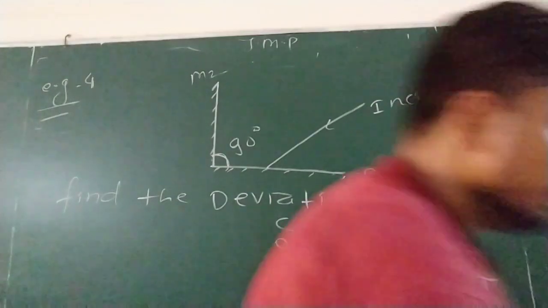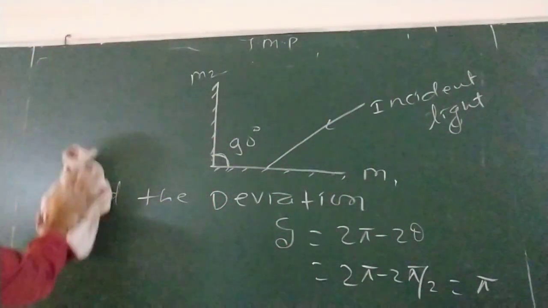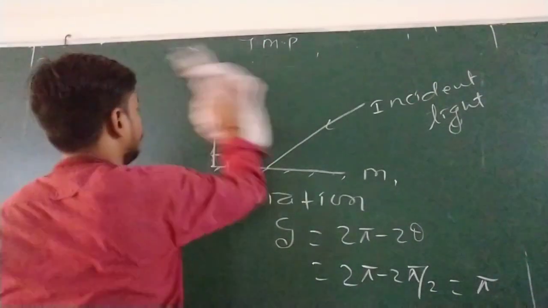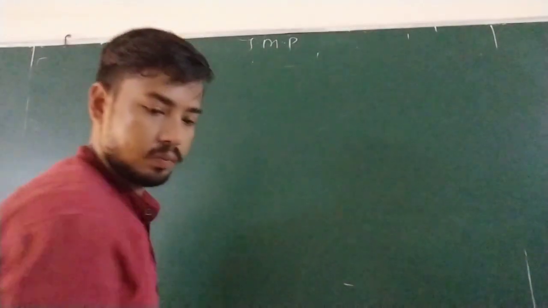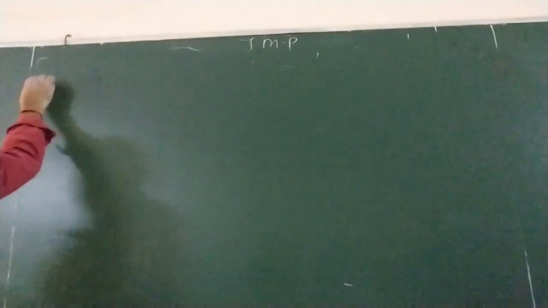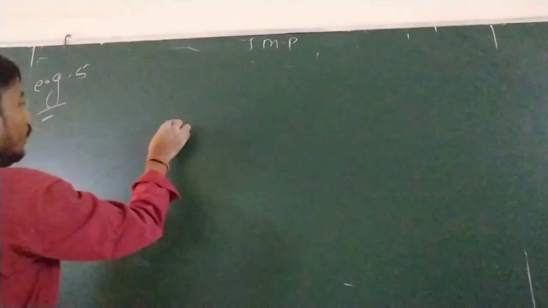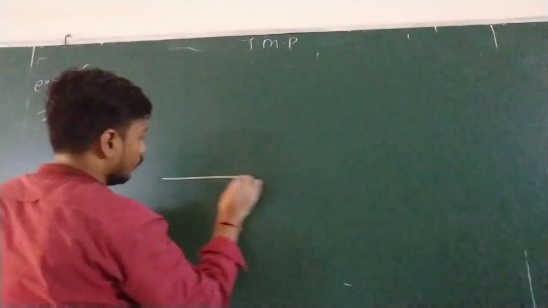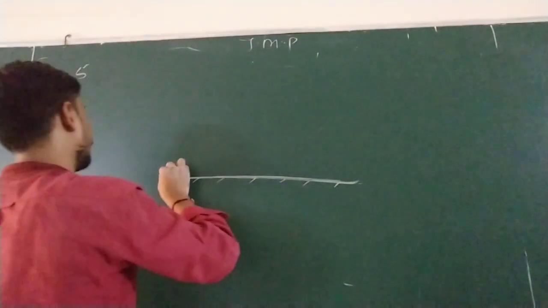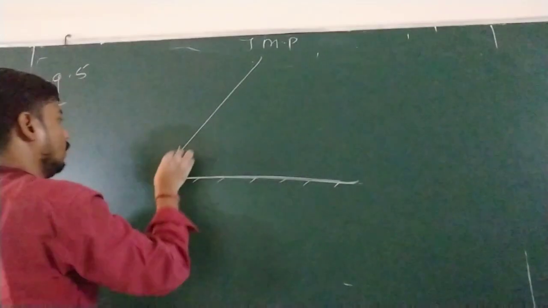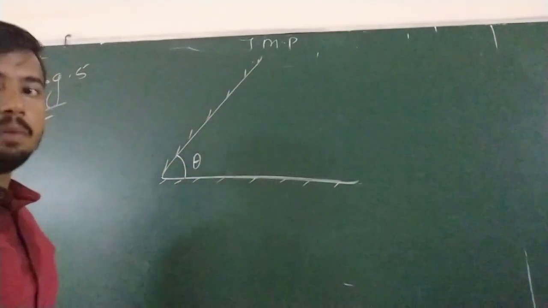One more question we are going to take. See, another question, I think example 5. There are two plane mirrors like this, and the angle between them is theta.